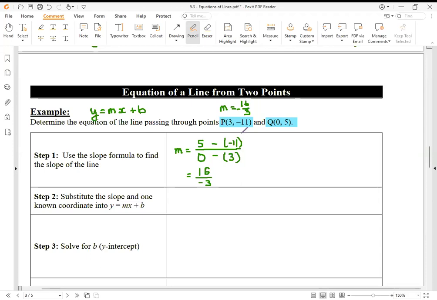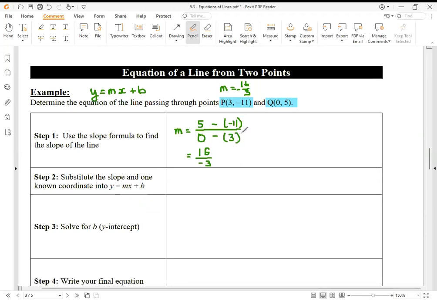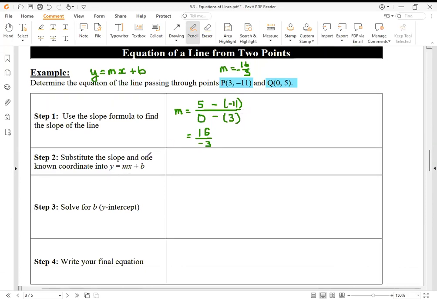So choose the one that's easy looking. 0, 5. Substitute the slope and 1 known location into y equals mx plus b. So when the y value is a 5, it is because my slope of m is multiplied by x plus b.